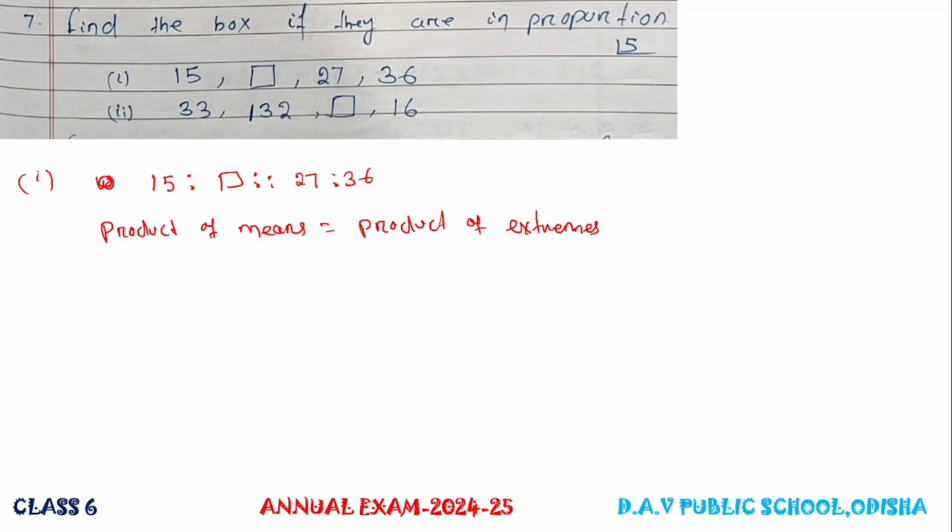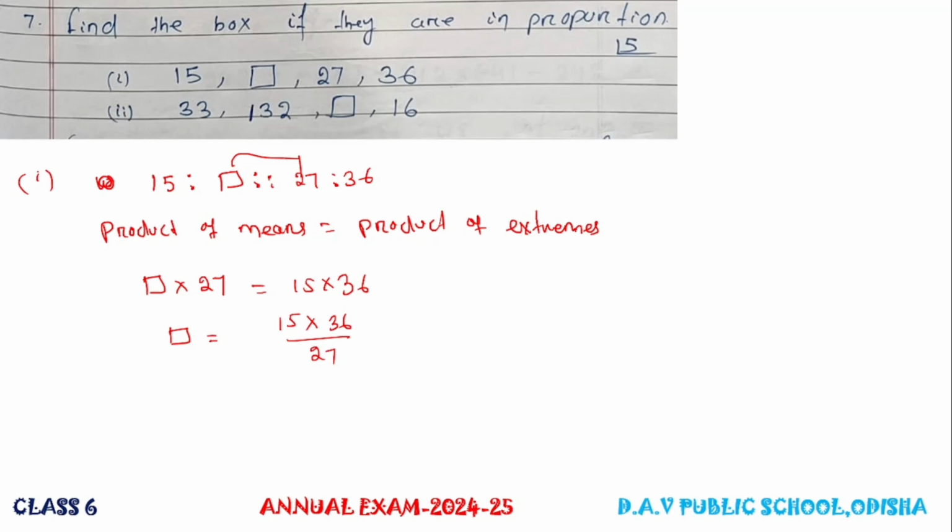Now product of the means means box into 27, because this one and this one is means, equal to 15 into 36. Now box equal to 15 into 36 divided by 27.